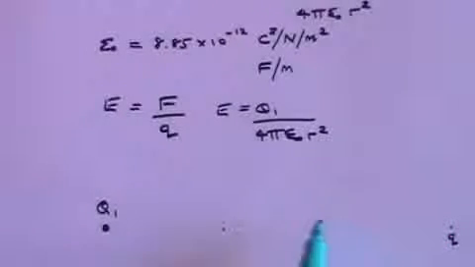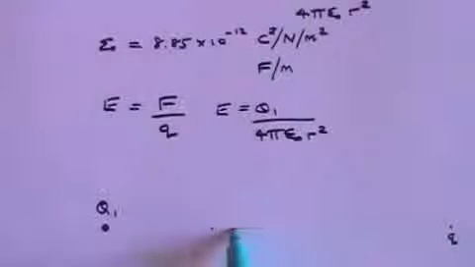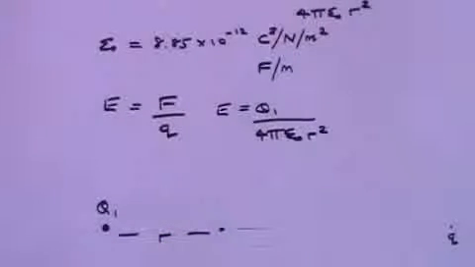So if we want to bring q to here, then we're going to have to do work to overcome the repulsive force. So we're bringing little q all the way along to this point here. And when it's here, it will be r away from Q1.